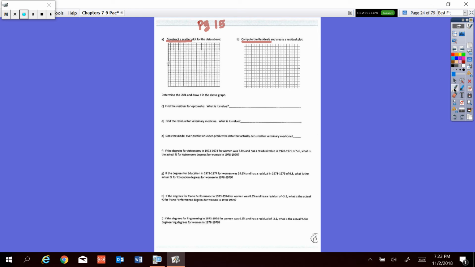So you can recreate your information here and replot it and label it, but if you do not want to, and I'm not going to right now, see the examples on pages 13 and 14, flow map. I'm not going to take the time to reconstruct the scatter plot and the residual plot. So let's go into these questions.